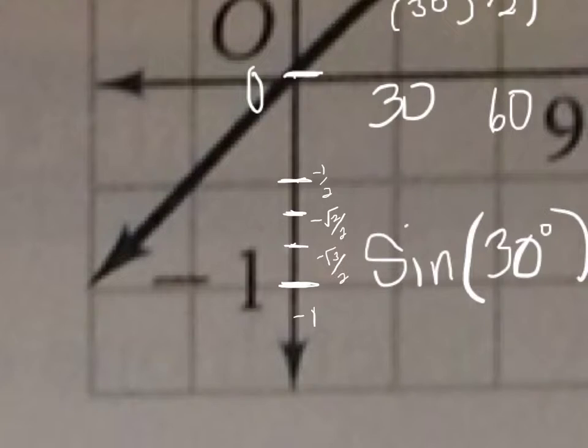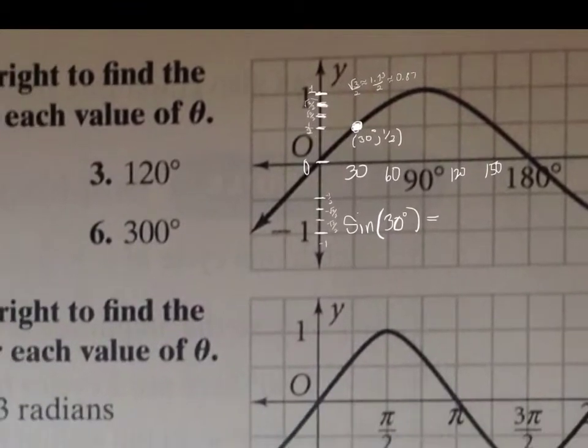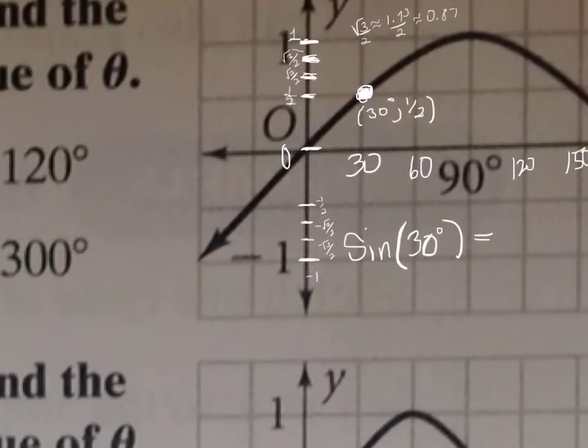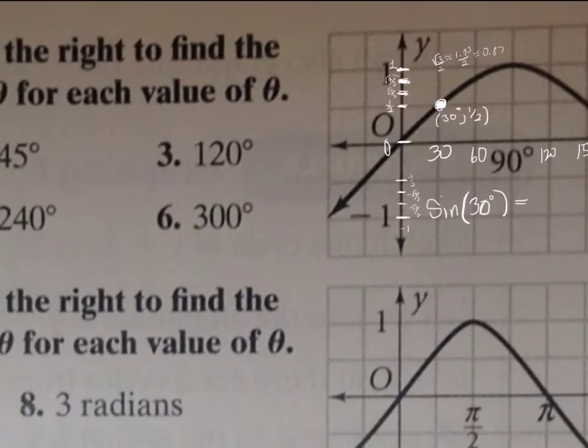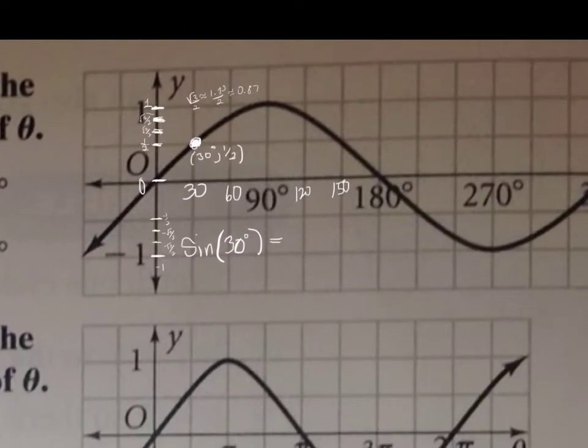All right. So now that we're all set up with our official labelings, we know that as we go along the graph of sine, we're going to hit the important values at each of these x-coordinates.